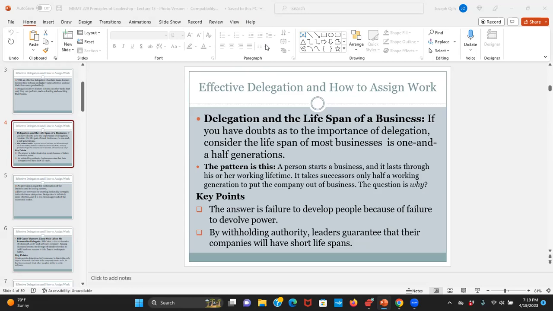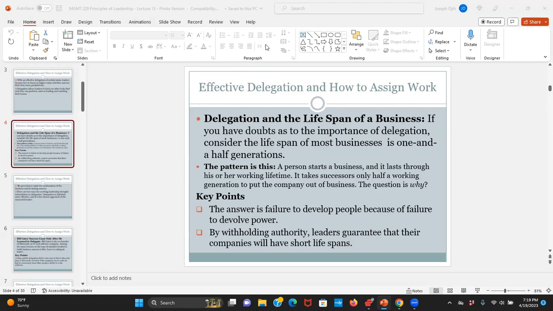So the question is, why is it that a person starts a business and it lasts through his or her lifetime, but it takes the successors, after he or she is gone, only about half a working generation to put the company out of business?